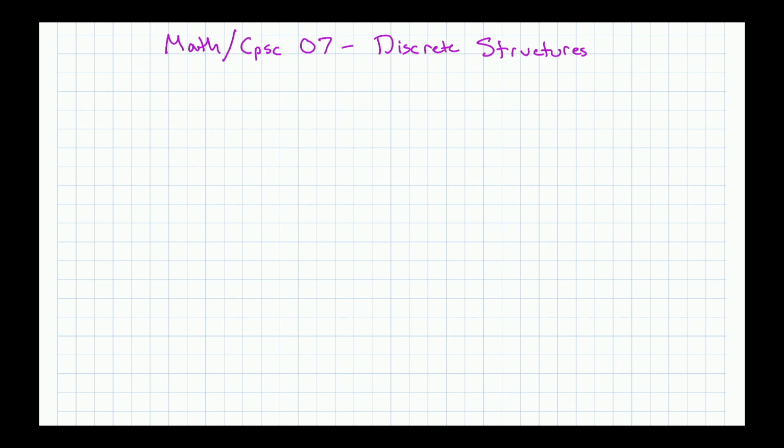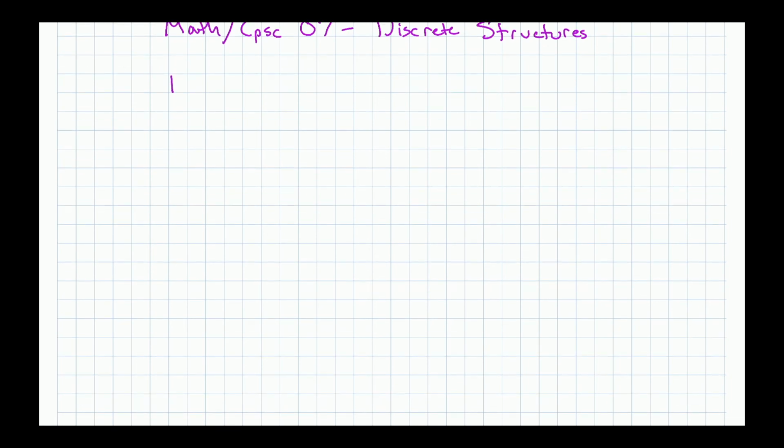So in math, there is what we would call continuous math. And continuous math is what you use in a calculus class or even an algebra class usually. So continuous math, this is your quote unquote normal math.